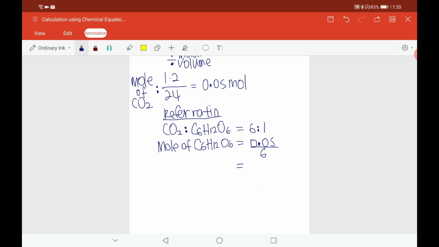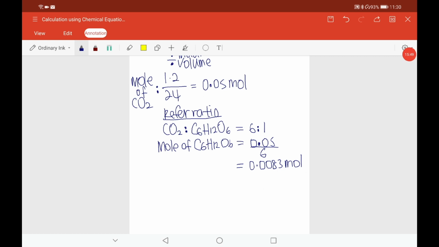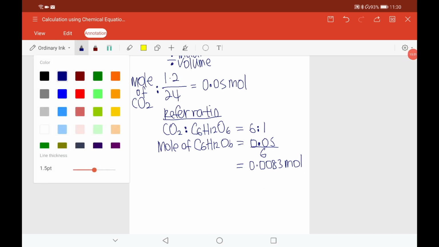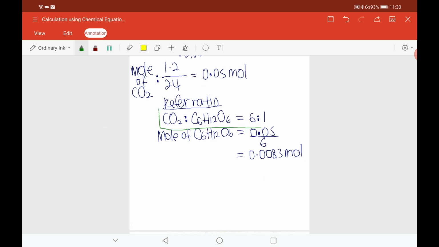You can key into the calculator 0.05 divided by 6, and you will get 0.0083 mole. So this is the mole you have. If you don't want to do it this way, you can also use another mathematical method. You can change the ratio to a fraction: CO2 over C6H12O6 becomes 6 over 1.